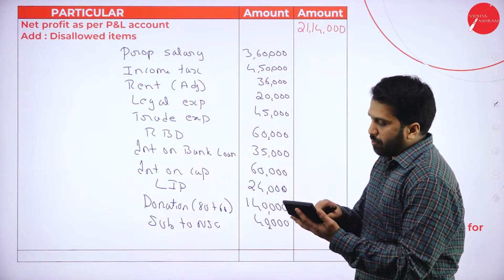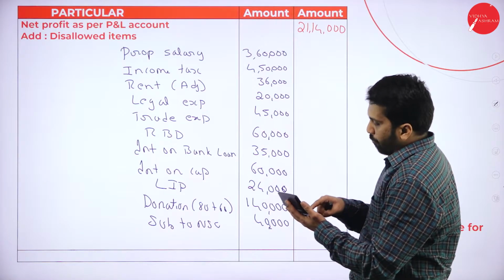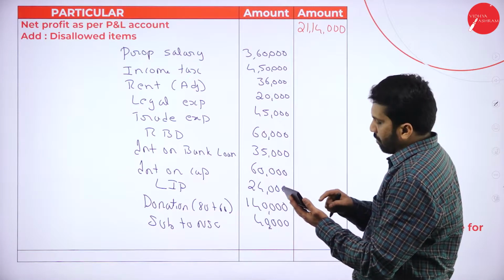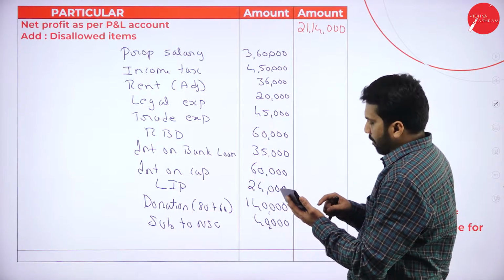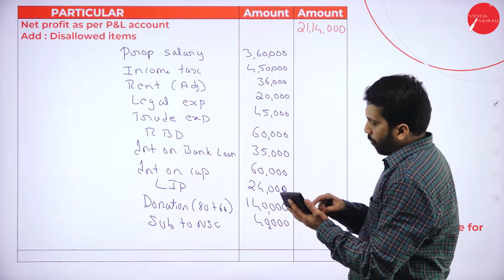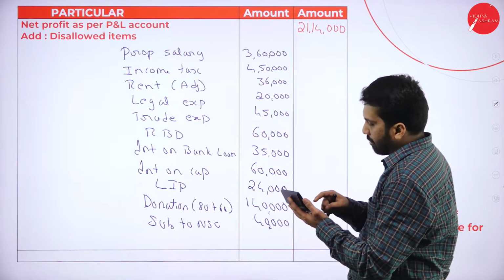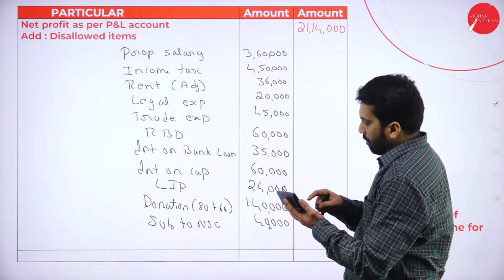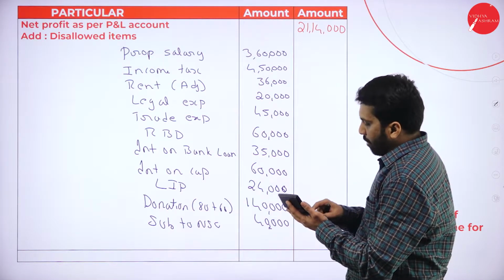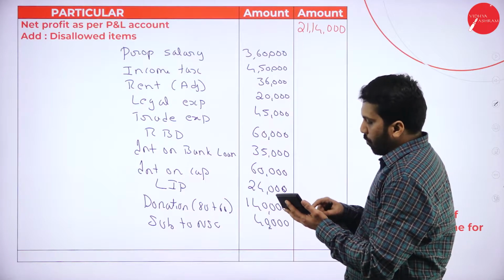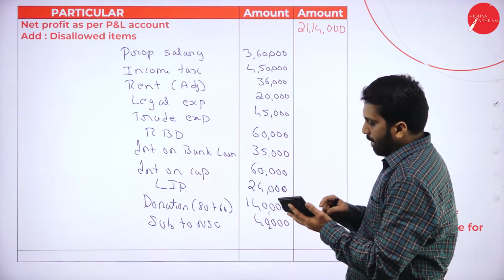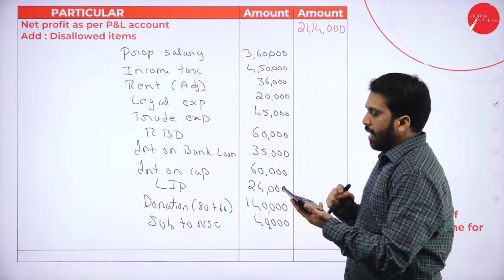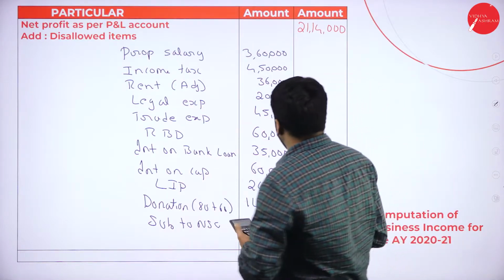Now, it will be 3,60,000, 4,50,000, 36,000, 20,000, 45,000, 60,000, 35,000, 60,000, 24,000, 1,40,000 and 40,000. I got around 12,70,000.